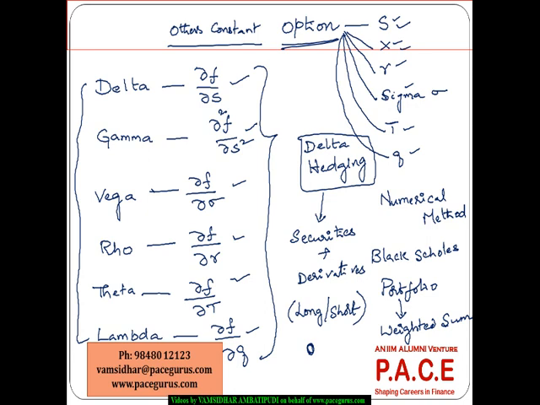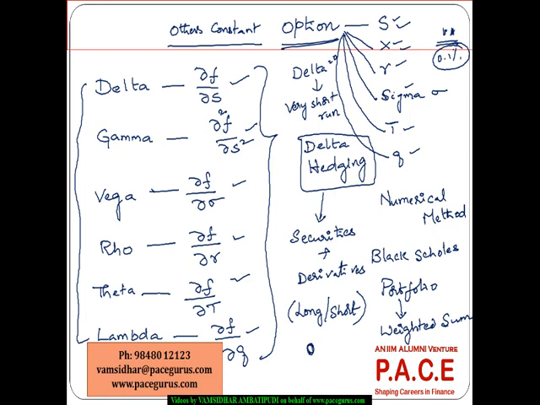But what we really see in the real world is that delta hedging, making delta close to zero, is possible only in a very short run, for a very instantaneous or very short time period, and that too for a very small change in the price. If the price changes by, let's say, 0.1%, probably it's fine.